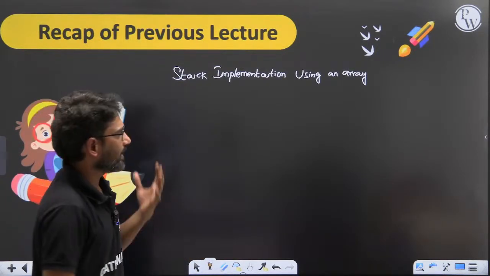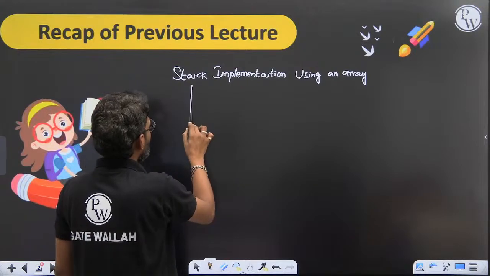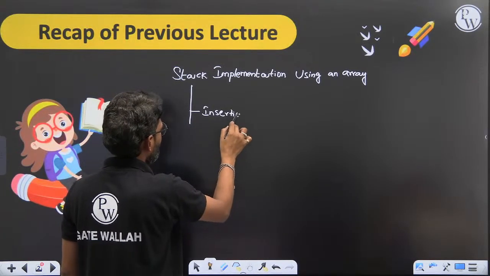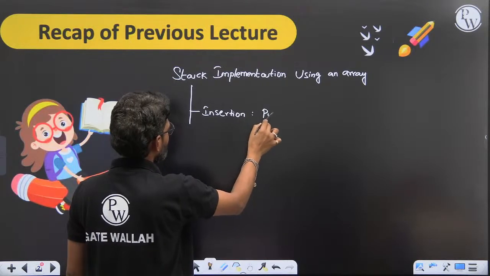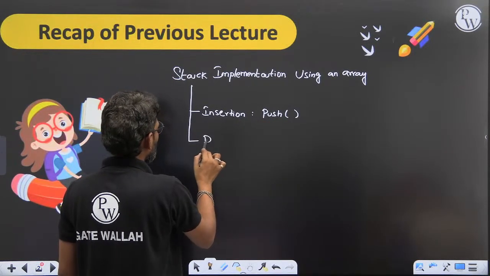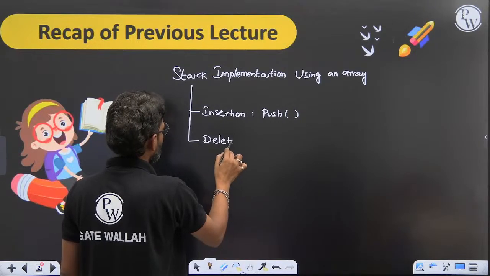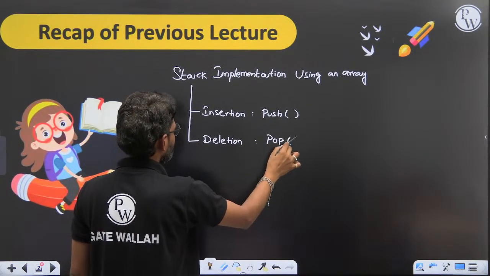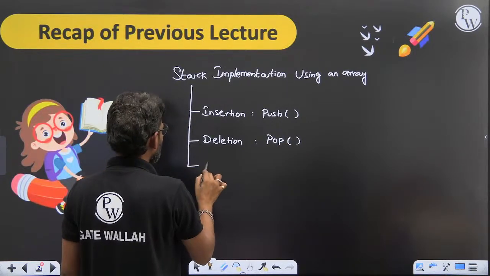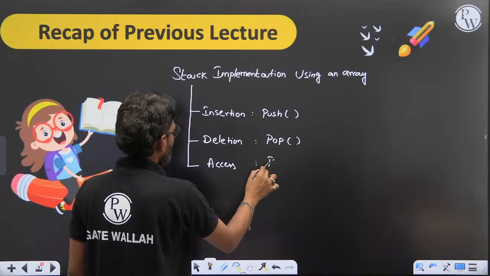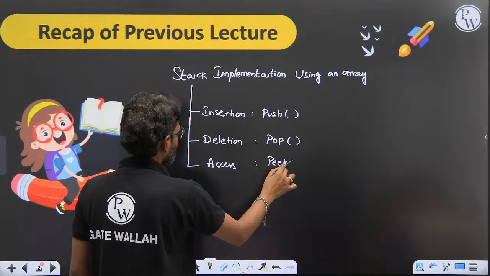In a stack, the insertion operation we call the push operation, removal or deletion is the pop operation, and access is the peek operation.